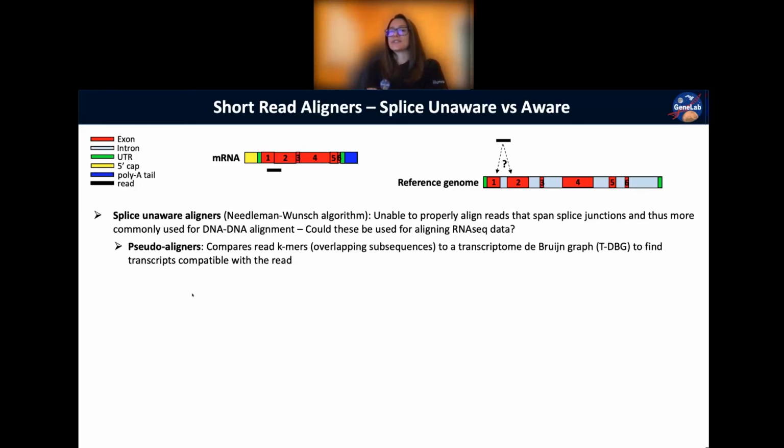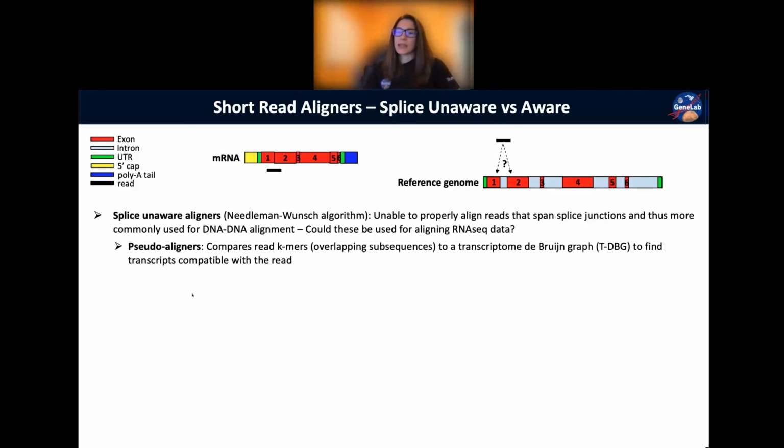So if your reference has introns removed, so basically if you align back to a transcriptome, so if you have your reads that came from transcripts, that came from RNA, and you used an RNA reference or a transcriptome reference that you align back to rather than a DNA reference.